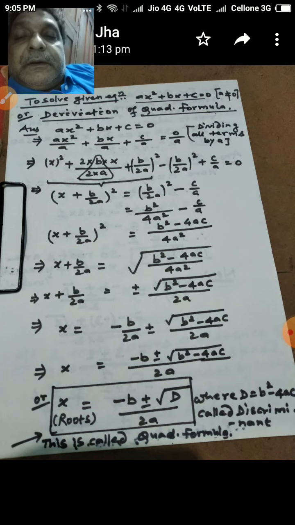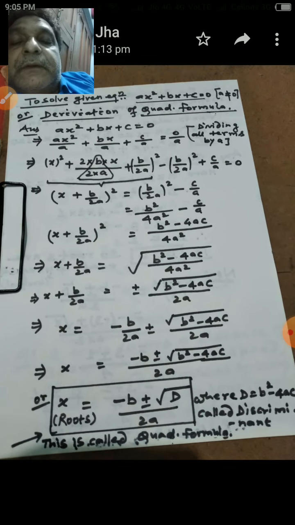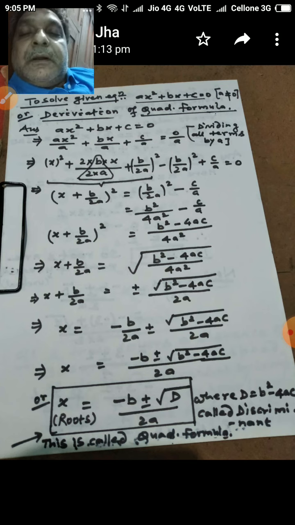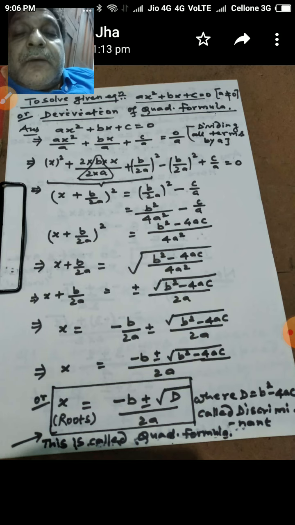What things in this topic of quadratic equation we have discussed till today before this lesson, I am recapitulating. We have introduced quadratic equation, followed by how we can check whether the given equation is quadratic or not.